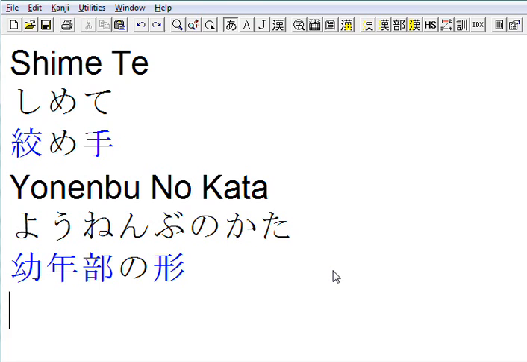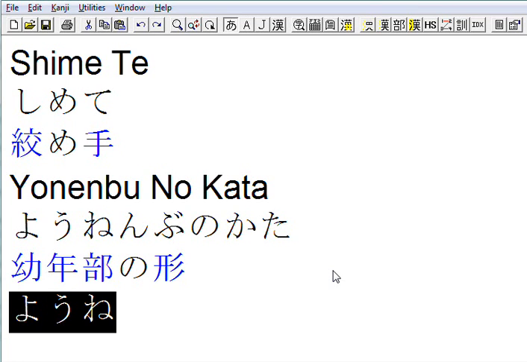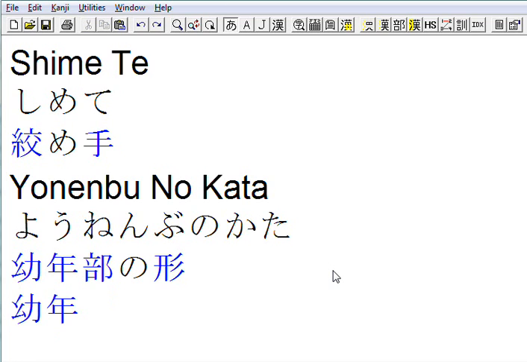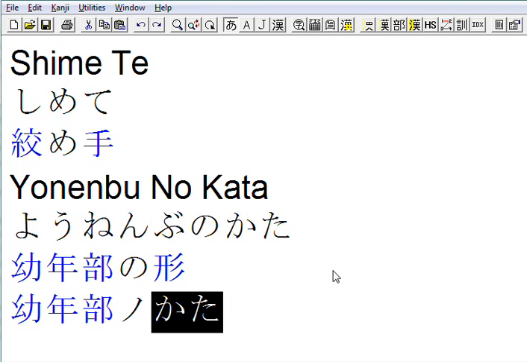And so here we would say yonen bu, and then we would use this particular no. So that's the katakana no, kata. So when you look at the scroll, this is most recent use there. Okay, there we go.